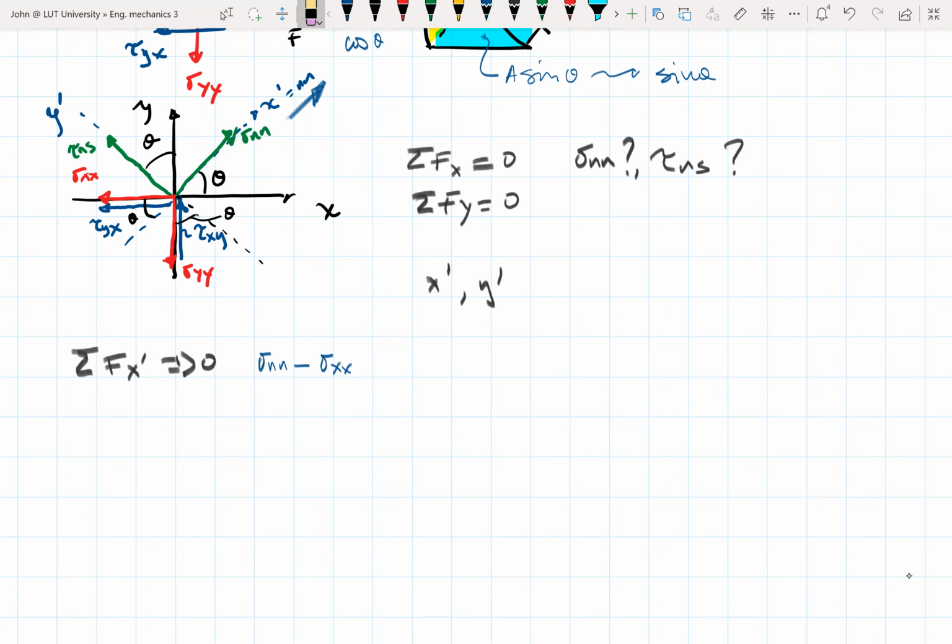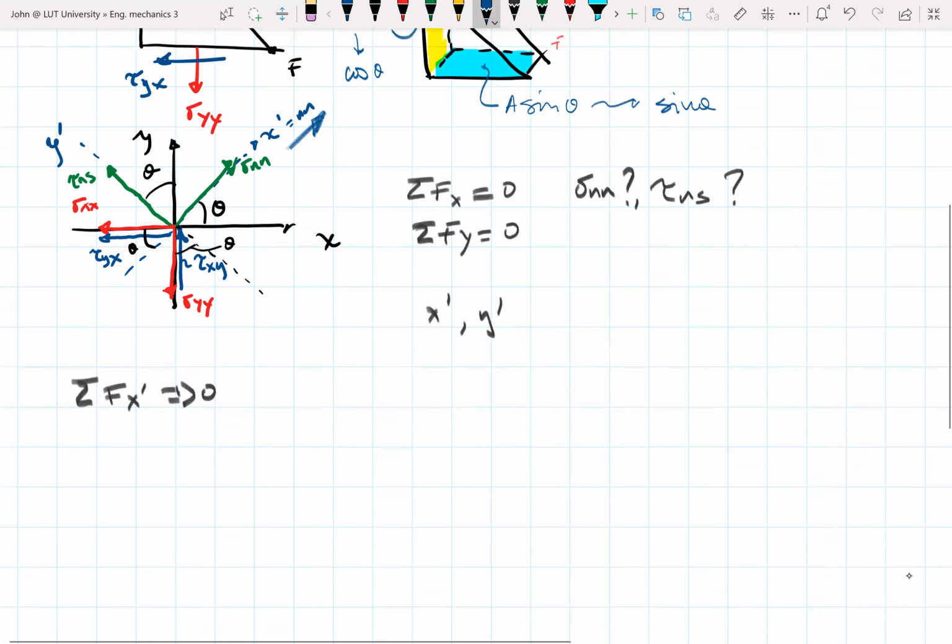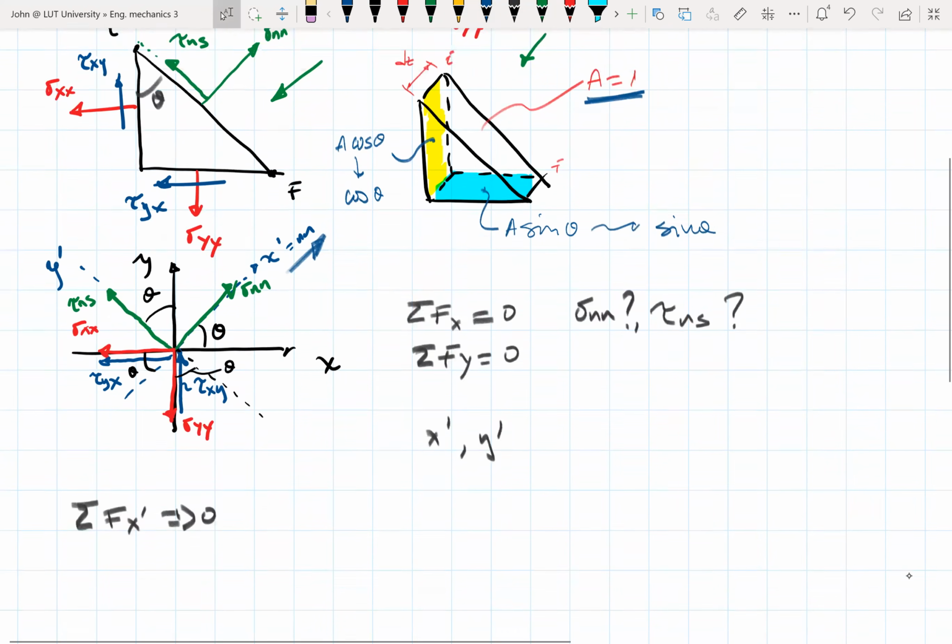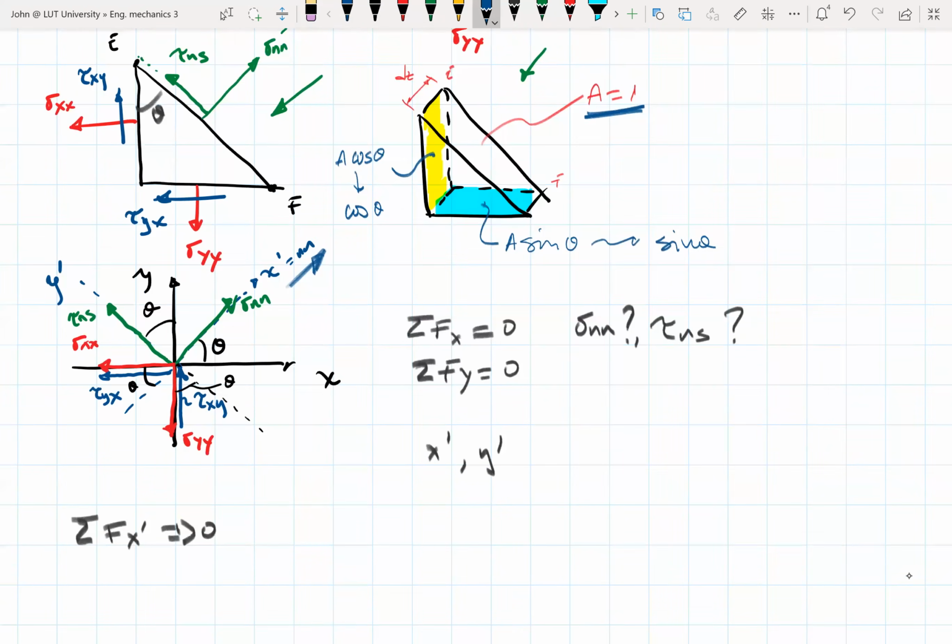Let me recap on this. We already defined that the areas where these stresses are applied can be represented if we make the simplification that the area of the inclined plane is equal to 1. Just as in the three-dimensional case, many of the areas cancel out, and this is going to be the same here.